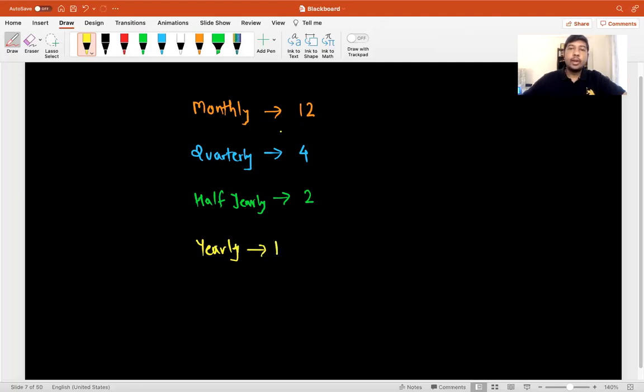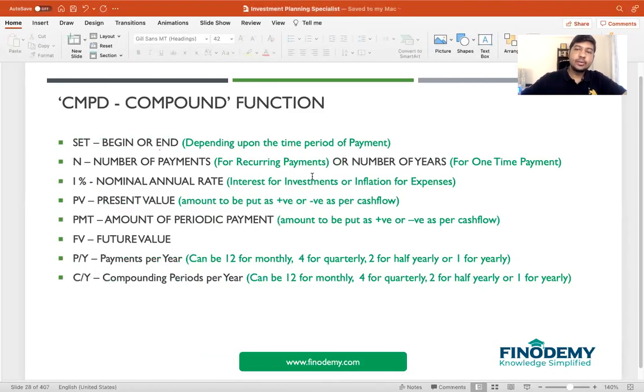Okay. So depending upon the payment frequency, you can put 12, 4, 2, or 1. The number will be determined by the payment frequency. Does this make sense? Okay. This is what I've mentioned over here.